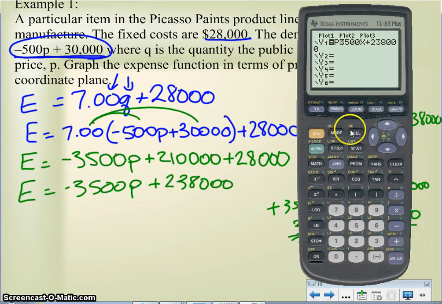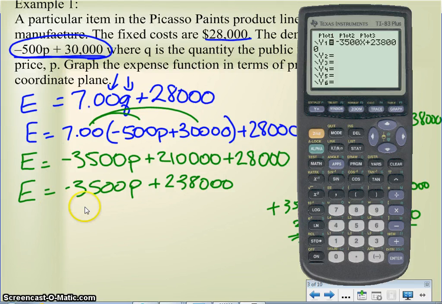And again, I apologize for this. All right, there we go. You can see that I put in our expense equation of negative 3,500x plus the 238,000.